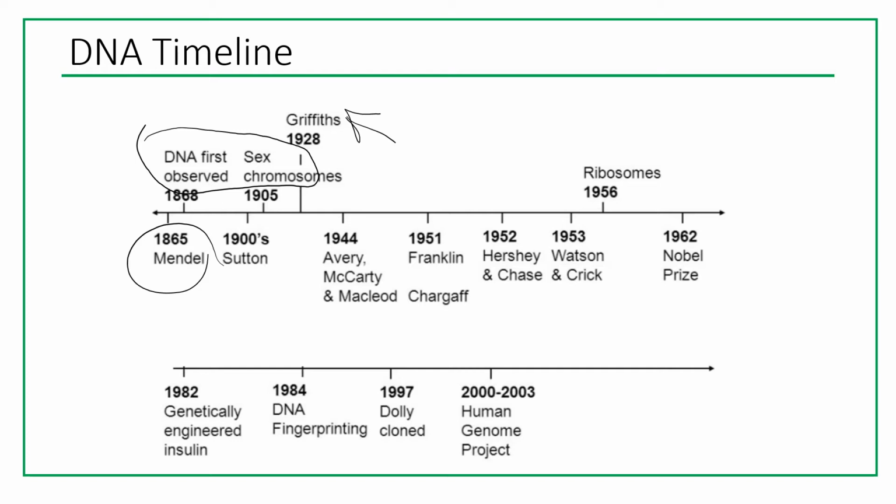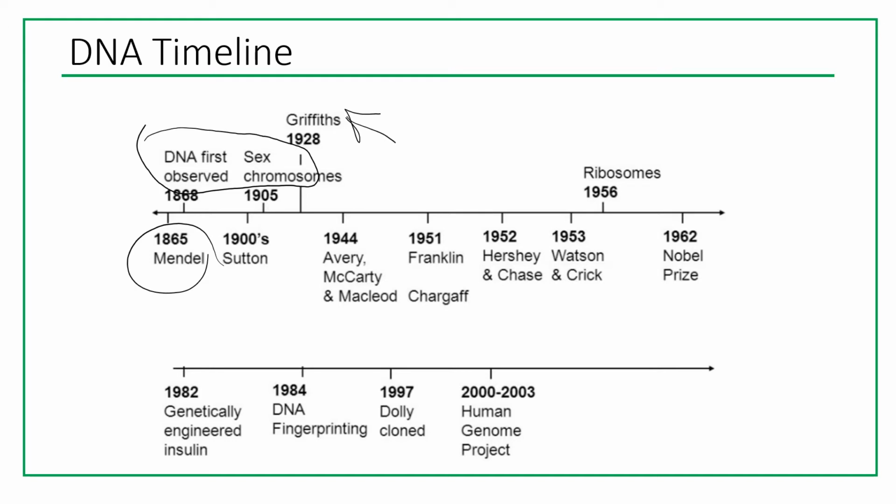He didn't know if it was DNA or proteins or lipids or carbohydrates, but he proved that a molecule like this exists, and this molecule can be passed from one cell to another cell, from generation to generation, and that molecule has instructions about cell functioning.